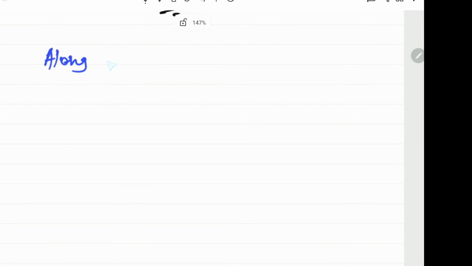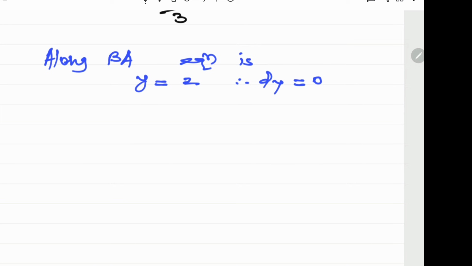And then lastly, along the line CA, sorry, not BC, the equation is y equal to 2, a line parallel to the x-axis. Differentiating it, we get dy equals 0, and therefore the line integral of x square dx plus xy dy over that CA. It is not BA, it is CA. Make the correction. Yes, I have made that.